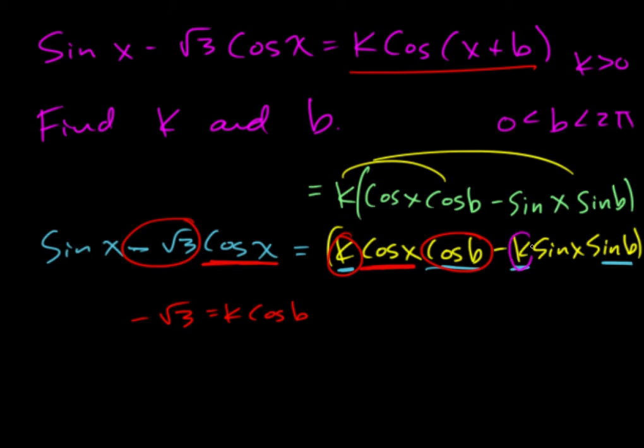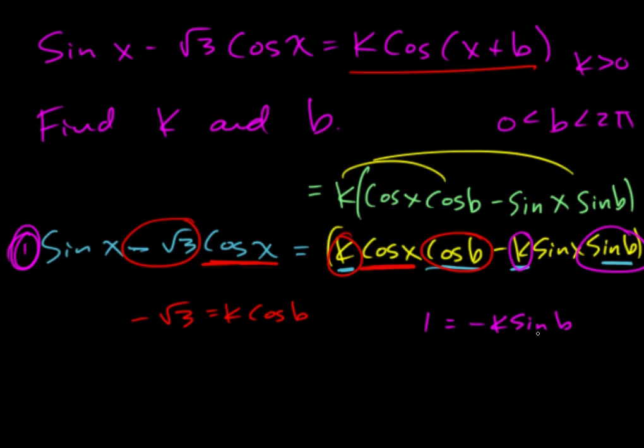Similar thinking, we're going to use negative k sine b, and we're going to use just this, which is a 1, and we're going to use that to try to solve for one of the variables.